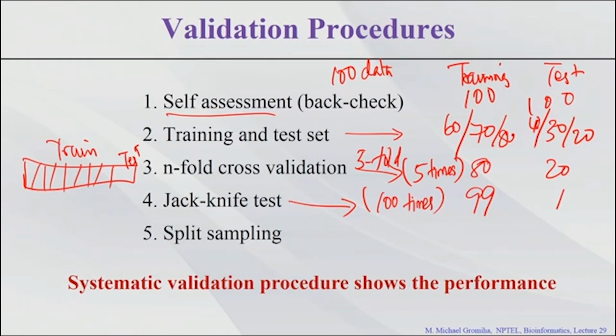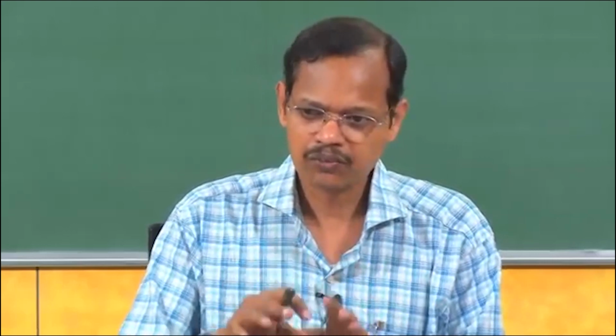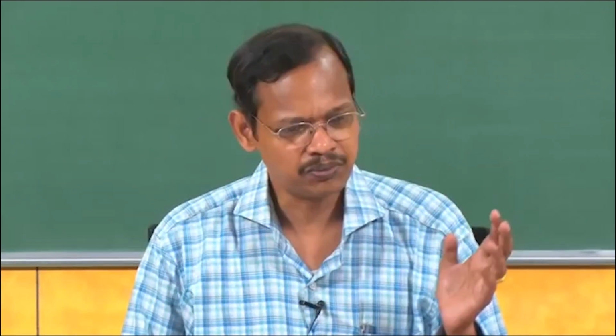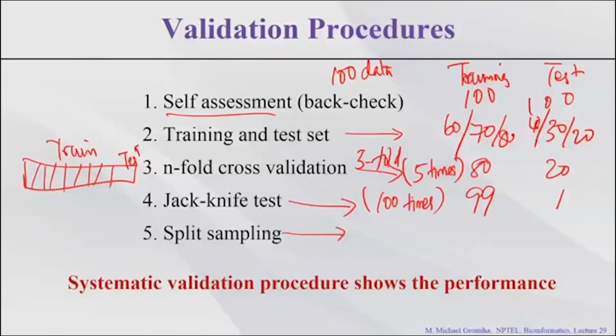Then split sampling: this is random, randomly choose some set of data for training and get the features, and using that you develop a model and use the model to predict the remaining ones. You can randomly take any split, for example 65-35, and so on, any numbers you can take.